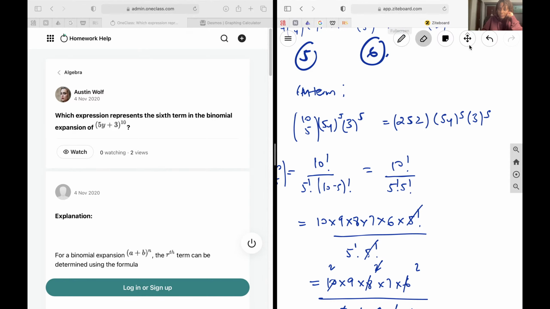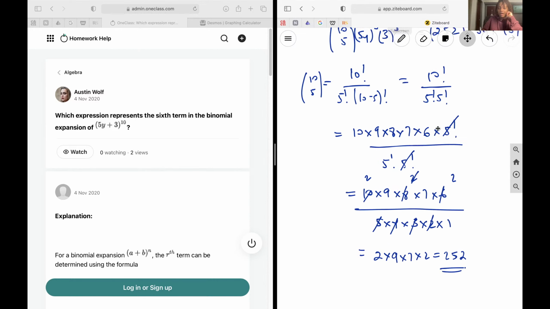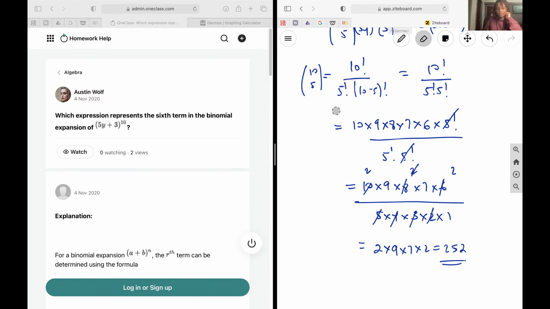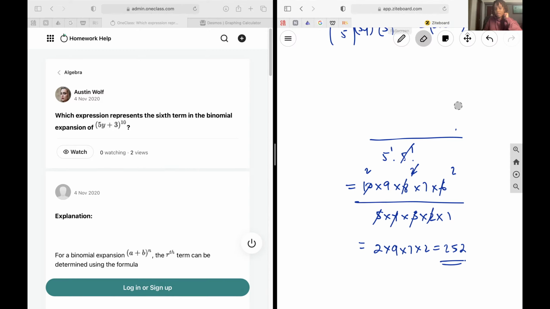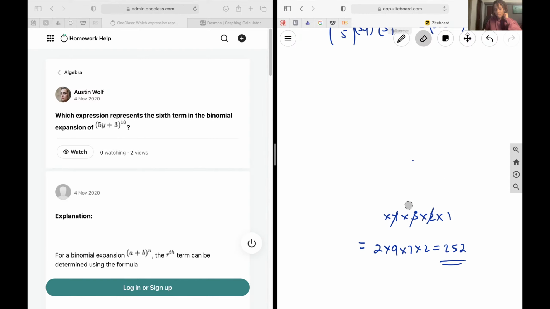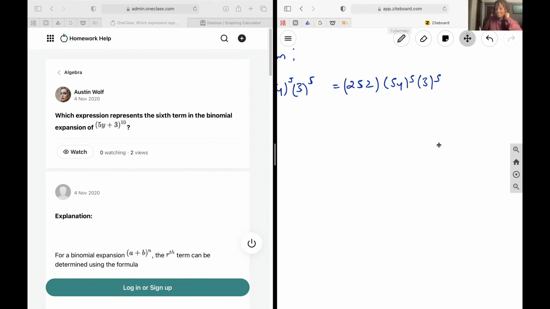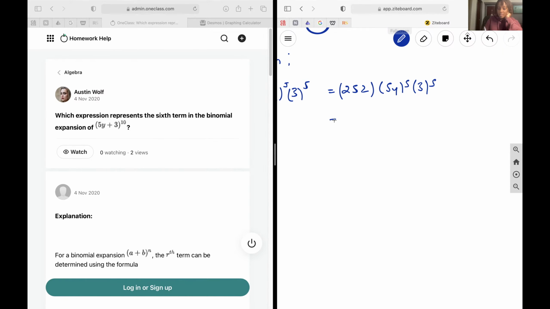Do not leave it in this form because you're not done. You need to simplify it completely for whoever is marking your paper, or you'll only get part marks. The point is to always make things as easy as they can be for the examiner, because that means you know everything you need to know.